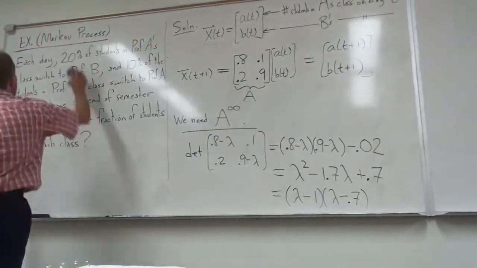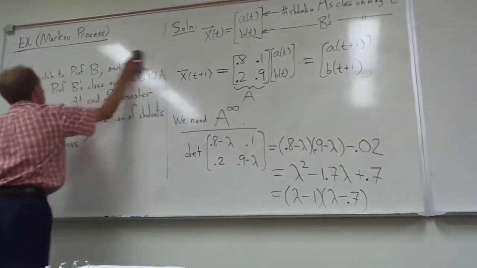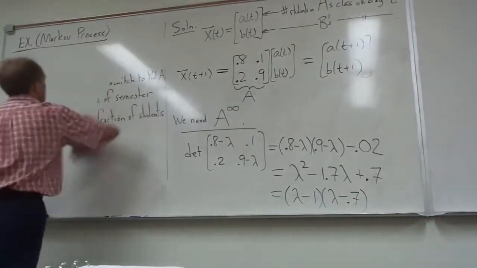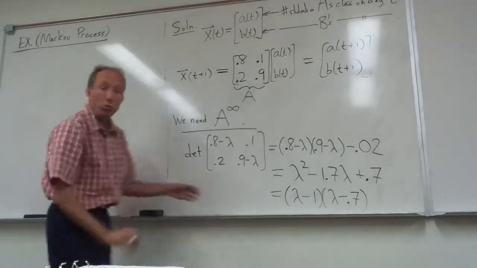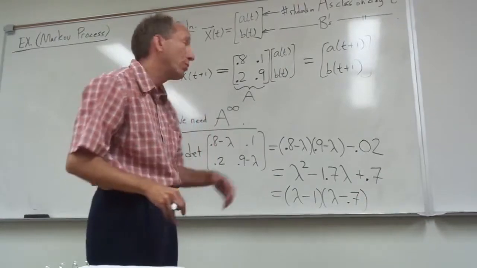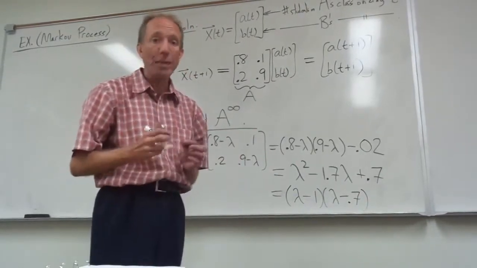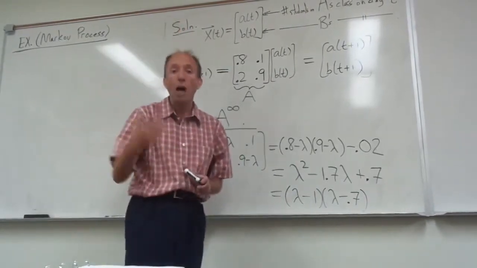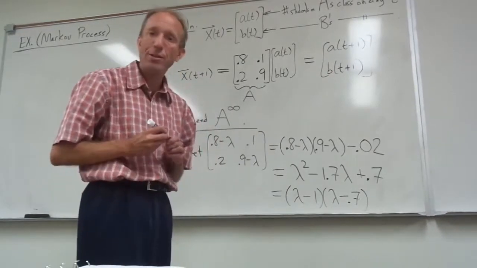I'm going to erase the question now. Notice I have 2 distinct lambdas. There are no repeats here, so this is going to be a diagonalizable matrix. In other words, it's a non-defective matrix.